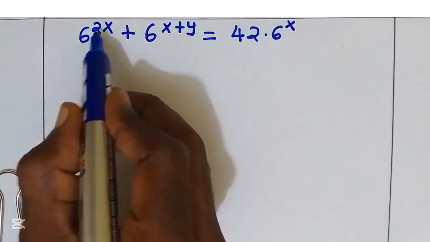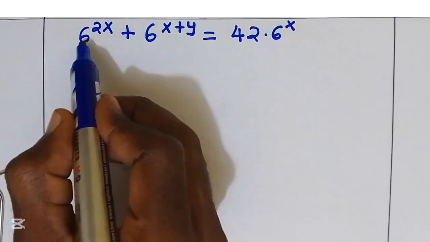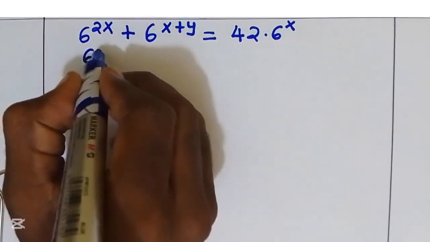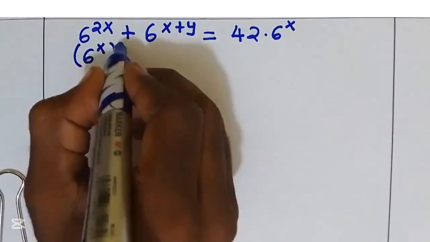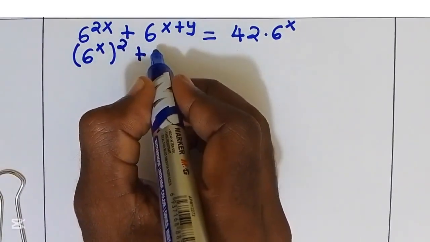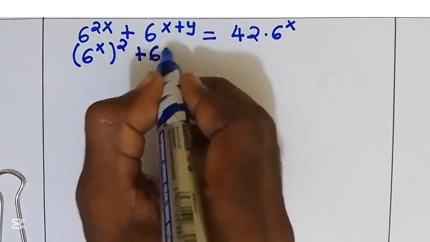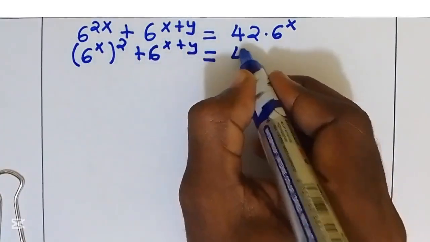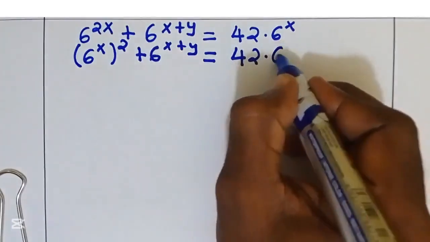But 6 power 2x can be written as 6 power x, power 2, plus 6 power x plus y, this is equal to 42 times 6 power x.